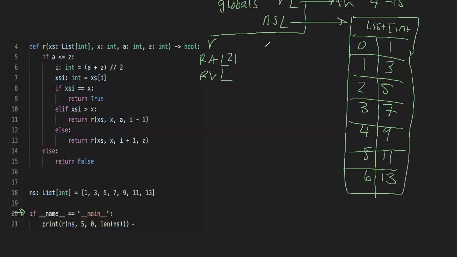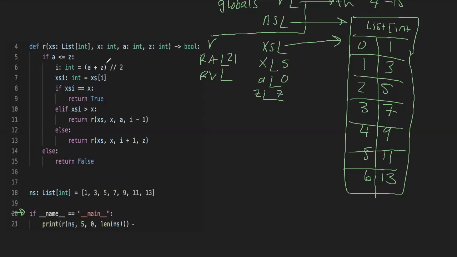And so let's set up the parameters. So we have the x's parameter pointing to the same list. X is 5, A is 0, and Z is the length of our list, which is 7. Okay.